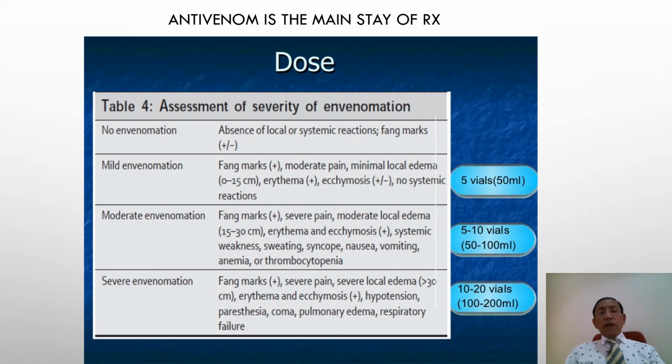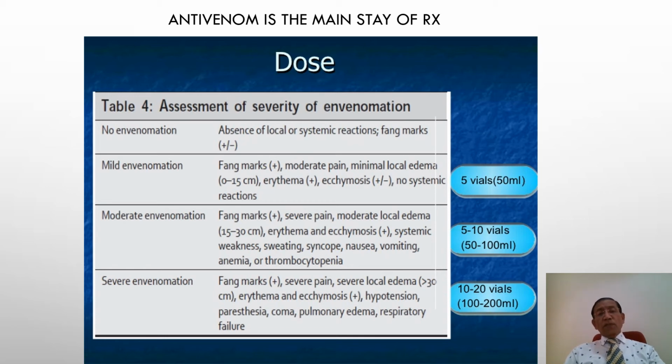If it's a mild envenomation, with fang marks or moderate pain or minimal local edema, erythema, ecchymosis, and no systemic reactions, then you can give up to 5 vials. If it's a moderate envenomation with severe pain, moderate local edema, erythema, ecchymosis, systemic weakness, sweating, syncope, nausea, vomiting, anemia, then you can use 5 to 10 vials.